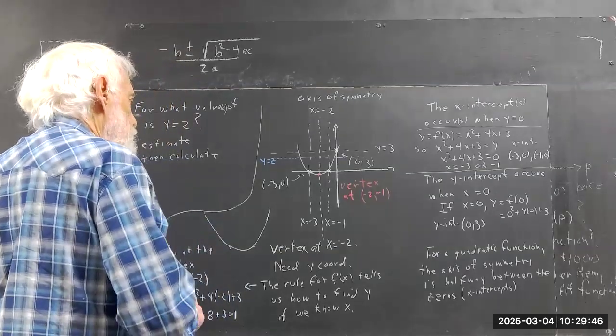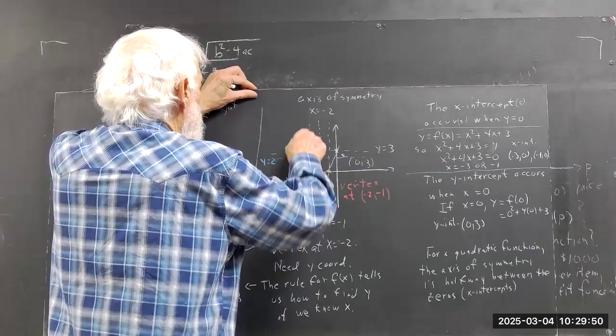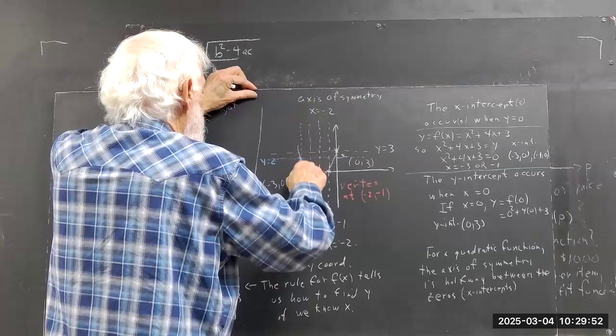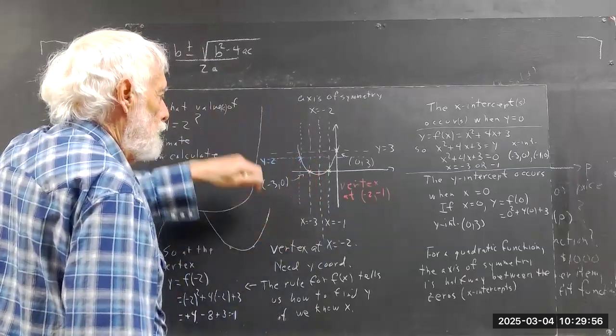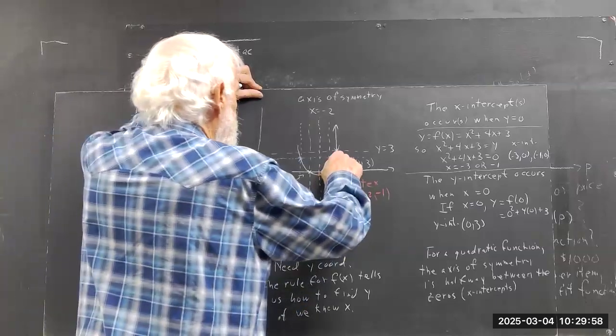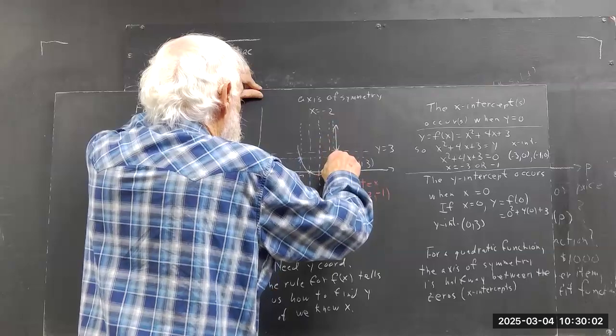And now what I do is I take this point and I sketch a vertical line through this point. And I take this one and I sketch a vertical line.